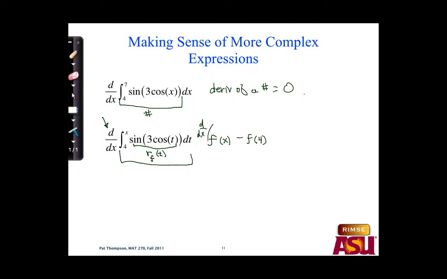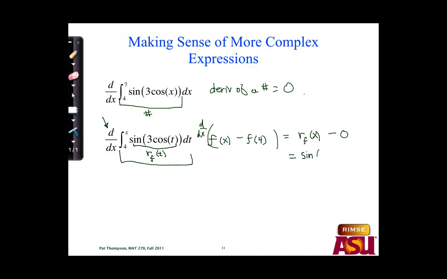I don't know what f of x is, but I could write it symbolically as r sub f of x, and then this part's a 0. It's a number. F of 4 is some number. So r sub f of x. Oh, well, here's r sub f of t. So even though I don't know what f is, I can get my answer anyway.